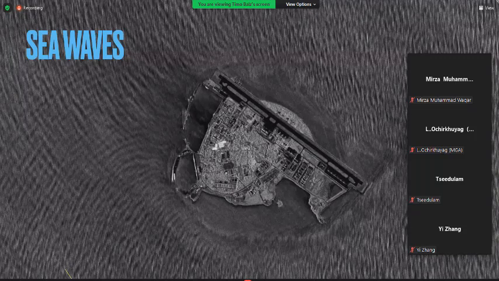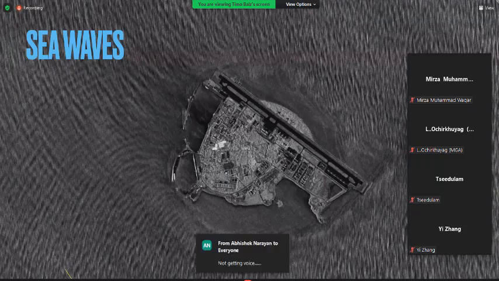But if you have waves, if you have sea waves, and here's an example with some stronger waves around an island, you don't have a calm sea anymore, you have waves, and waves may reflect energy back. And that energy can actually be quite strong.